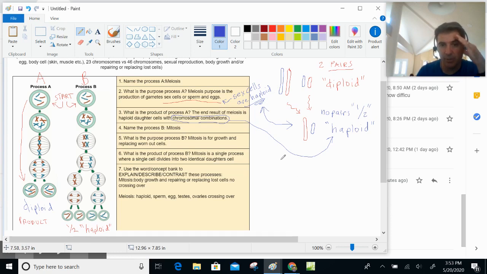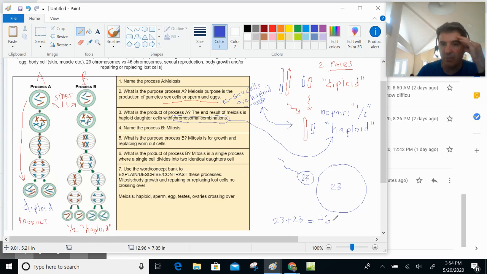Because when the sperm comes into the egg, in a human, this would be 23, and the egg would also be 23. And when you fuse them together, what do you get? 23 plus 23 equals 46.